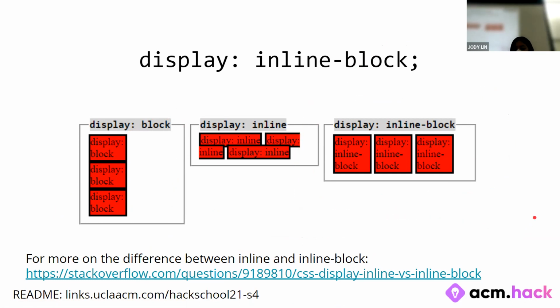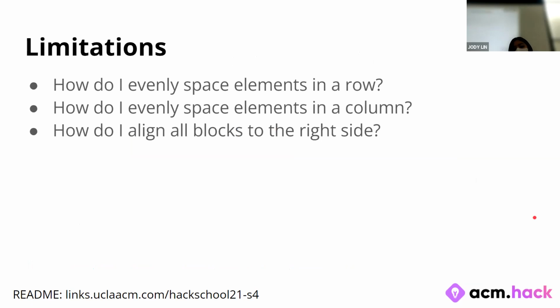All right, so you might be thinking, okay, that was really cool, we can do everything with positioning now. But there are actually limitations to this as well. For example, using the three properties I just showed you, how do you evenly space elements in a row? How do I put them on a page, evenly spaced apart? You can't really do that.